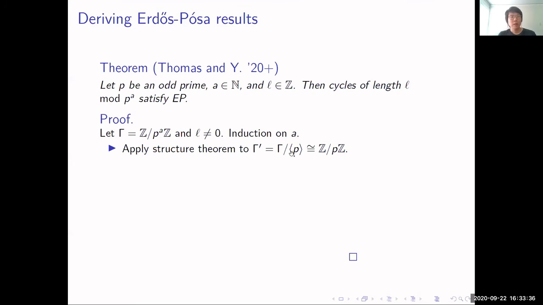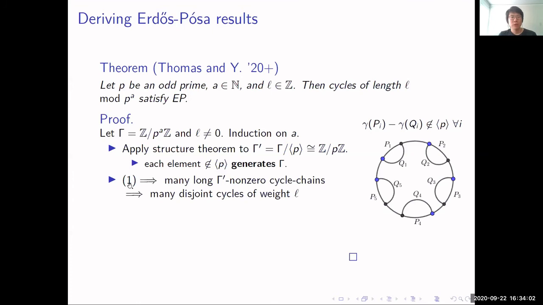Here, we're going to apply the structure theorem to this quotient group, modded out by the subgroup generated by P. This quotient group will be isomorphic to integers mod P. The reason we do this is that every element that's not in the subgroup generated by P is a generator of the whole group.